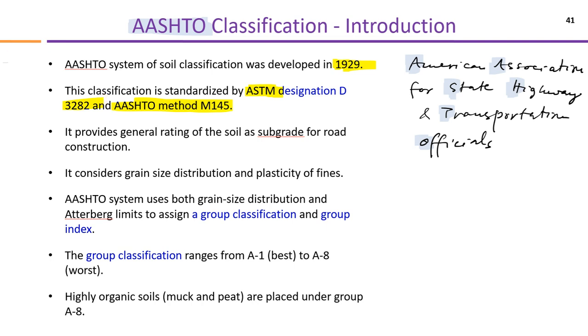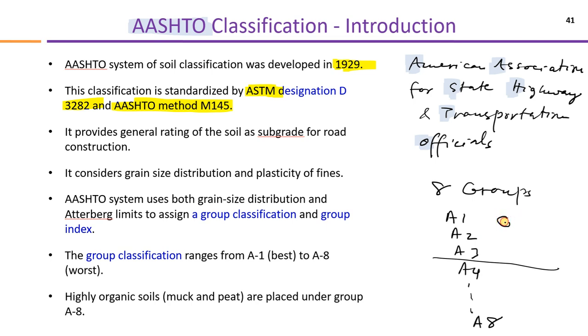In AASHTO, we divide the soil into 8 groups. It starts with A1, A2, A3, A4, and goes up to A8. The first 3 groups, A1, A2, A3, are the granular soils, which are gravels and sands.